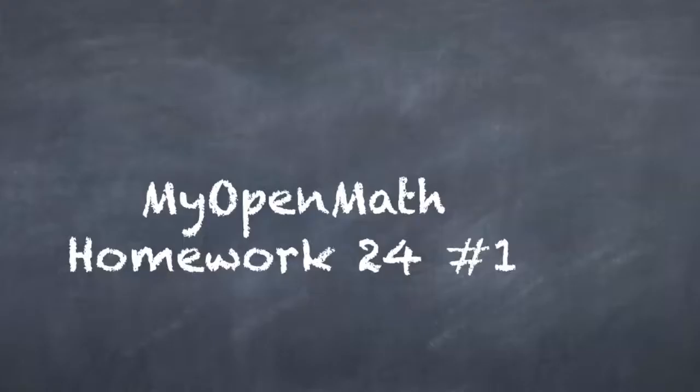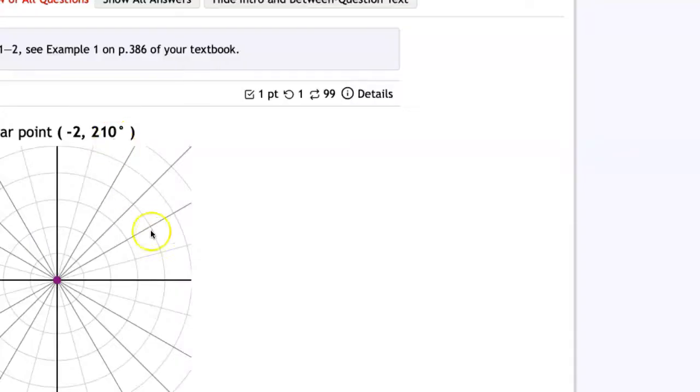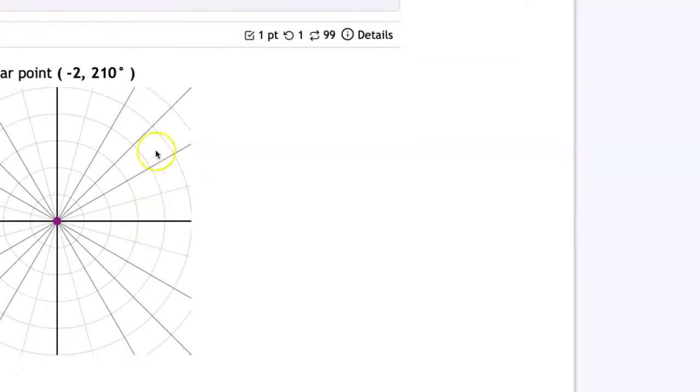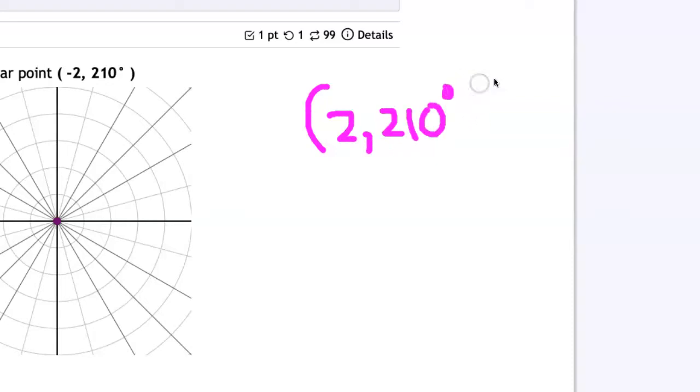So now let's look at my open math homework 24, number 1. We see we are plotting in the polar coordinate system, and we have the point negative 2 comma 210. So let's first consider, where is the point positive 2 comma 210?